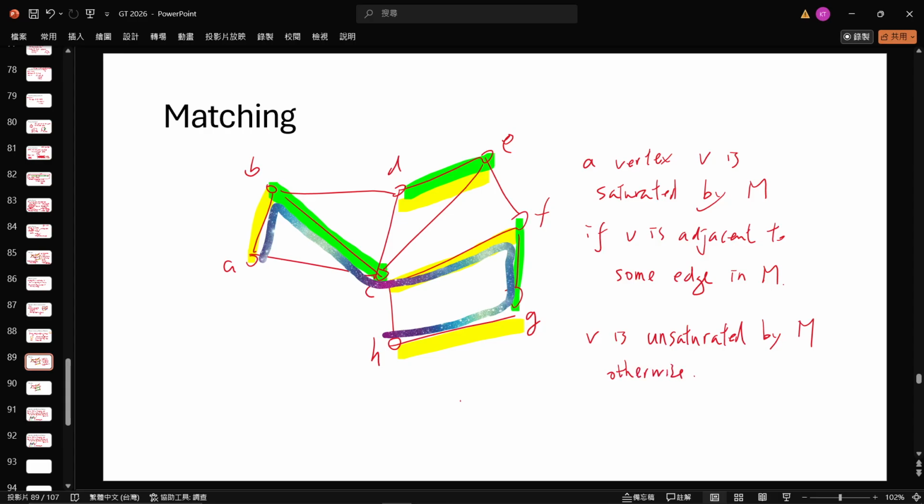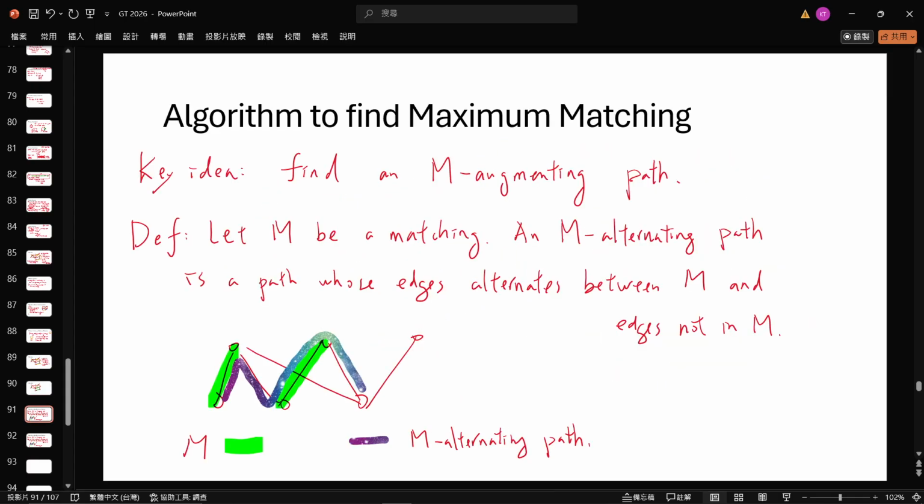So if it is not saturated, we call it unsaturated. So for example, A and H, these two vertices are unsaturated, or they are not saturated by the green matching. Okay, so now we're ready to define M augmenting path.